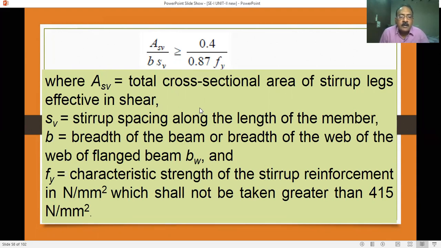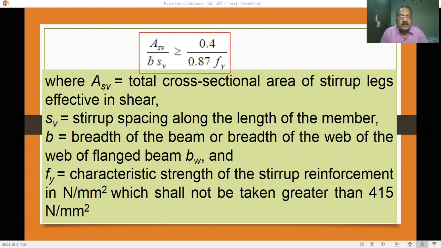How to calculate minimum shear reinforcement: here you have the same formula, Asv by b Sv greater than or equal to 0.4 by 0.87 Fy. You must always remember this formula because it is asked many times in objective type questions.